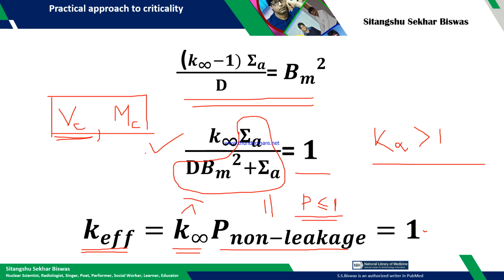Okay, but there are several factors, like controllability and the role of delayed neutrons, that I have already discussed. So from Fick's law and by solving the diffusion equation, you are finding the critical mass and critical volume, and based on that the fuel subassembly is manufactured, and you determine how many subassemblies are to be accumulated to make up the critical mass, which will be kept in the critical volume based on the geometric buckling.